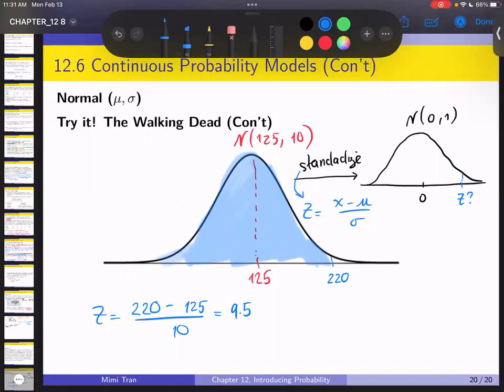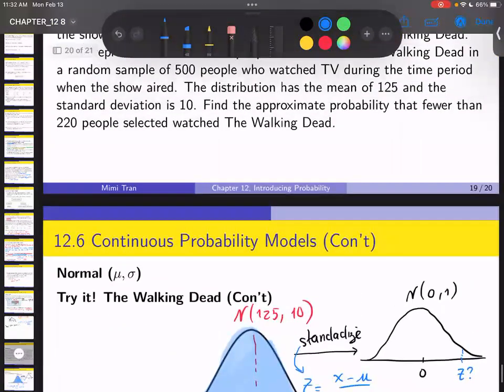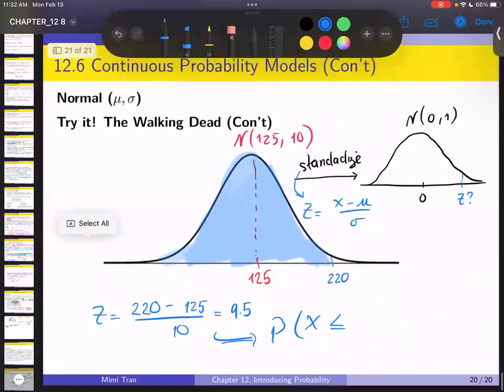So this implies the probability that fewer than 220 people watch The Walking Dead is 1. Approximately. In mathematics, approximately 1, but in practical terms, 1.